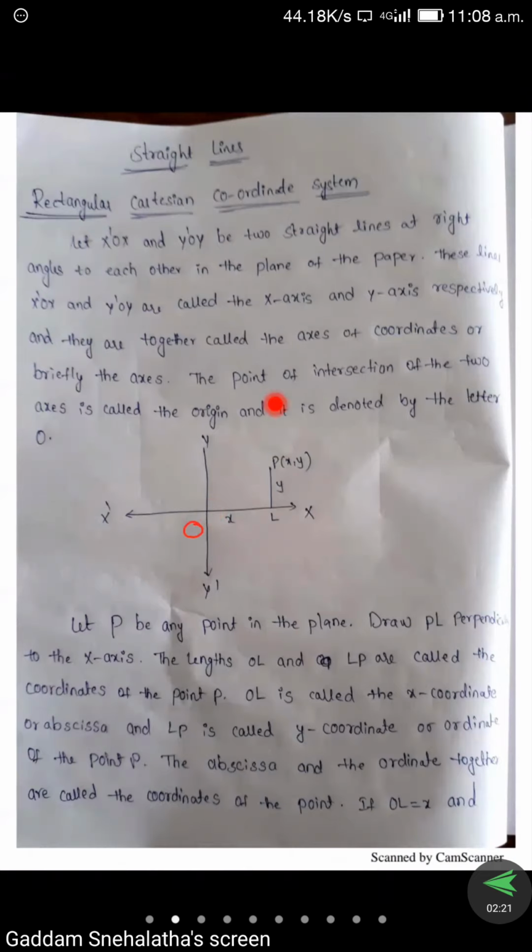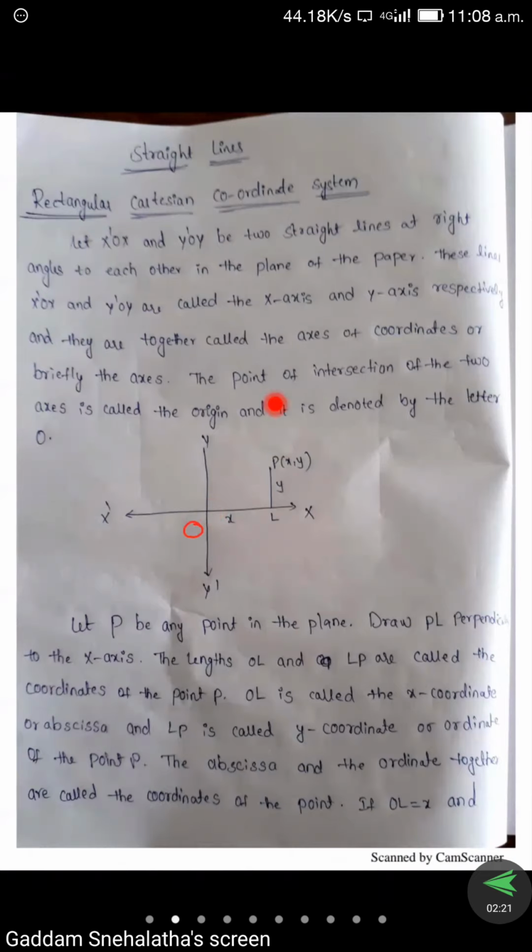That is called the origin and it is denoted by O. The total summary is this: we have taken two straight lines, X'OX and Y'OY. Here X'OX is the x-axis and Y'OY is called the y-axis. These two axes meet at one point. That point is called the origin, and we denote it as O.